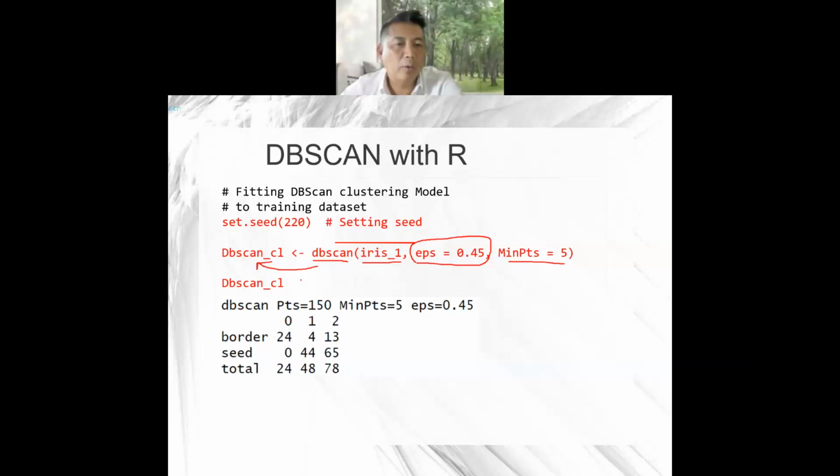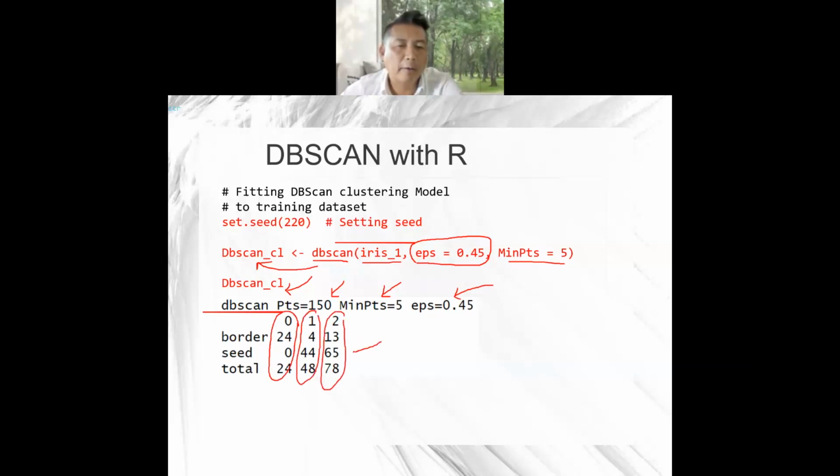Then when you want to see the result, you just retype the name and you get this. You have 150 points, and then this is the minimum number of points for the core point, and this is the maximum radius. So what we have is 3 clusters here: 1, 2, 3.